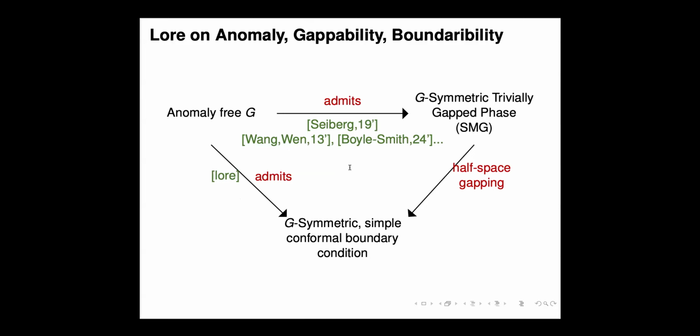So how to understand this law? When the system has a non-anomalous symmetry G, you can try to turn on some gapping interaction on the system while preserving G, so that the system can be trivially gapped out, into a trivial phase. And the conjecture, the statement here, is that whenever G is non-anomalous, you can always do this.